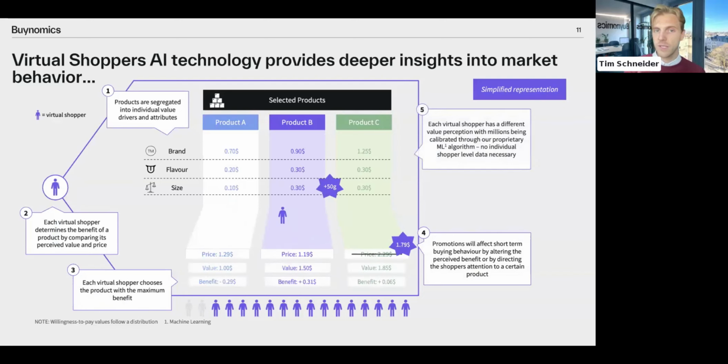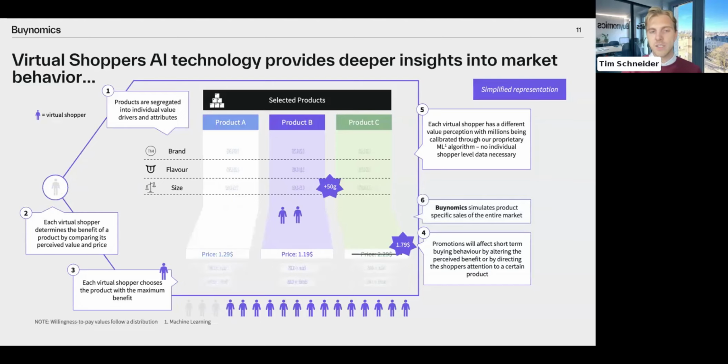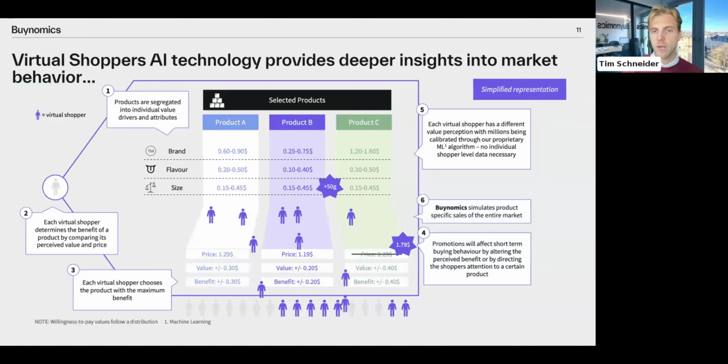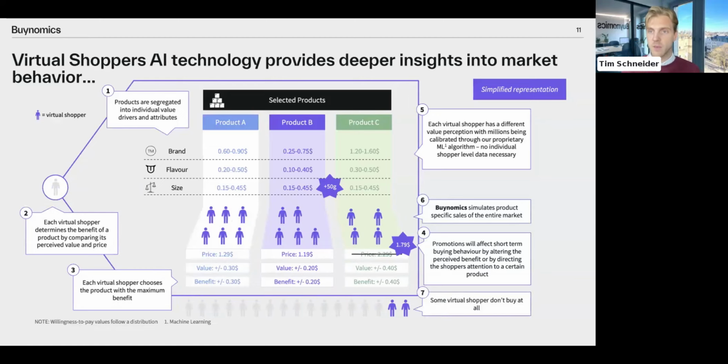The next one is unique. It has its own preferences, like all of the consumers, and in this case that one would also buy product B. Since all of the virtual shoppers have their unique buying behavior, they all buy accordingly, and we see the buying behavior of the entire population, and by that, the buying behavior of the copy of your market.